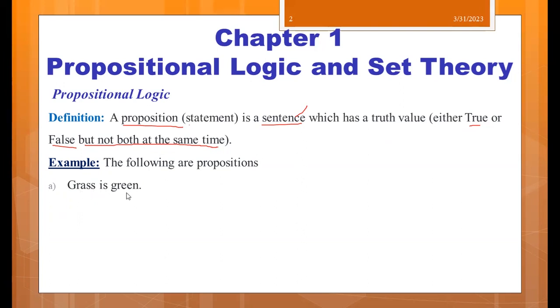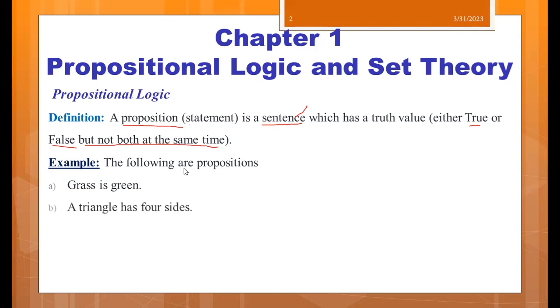If grass is green, the truth value is true, but if the color of grass is different from green, the truth value of this statement becomes false. Whatever it is, the truth value of this sentence is either true or false, and it cannot be both at the same time. So this is a good example of a proposition or statement.